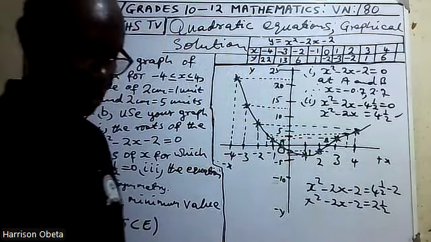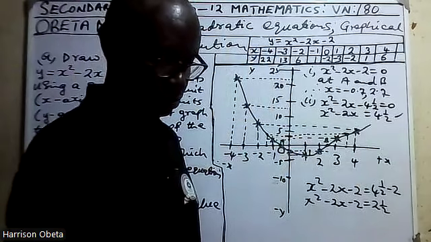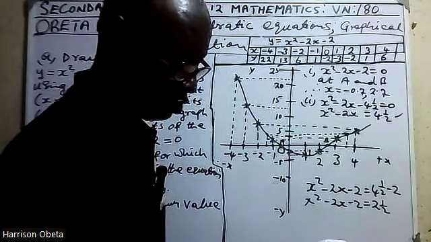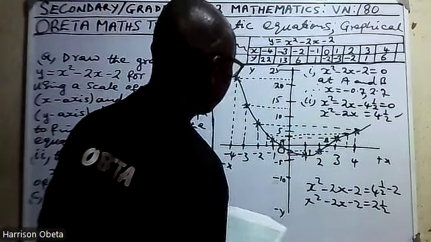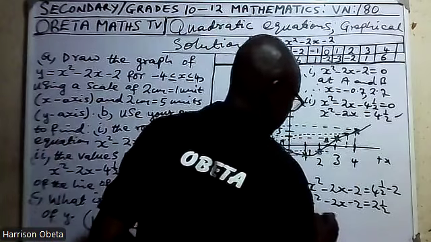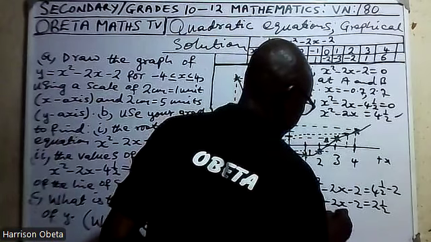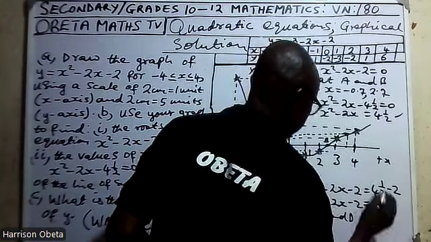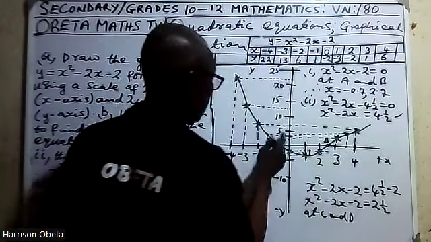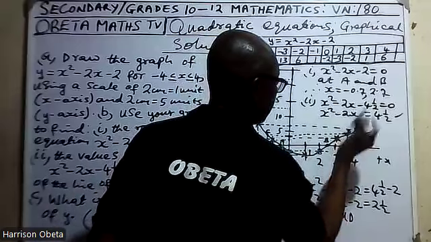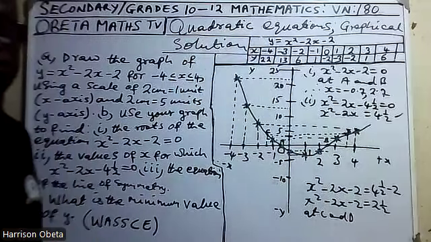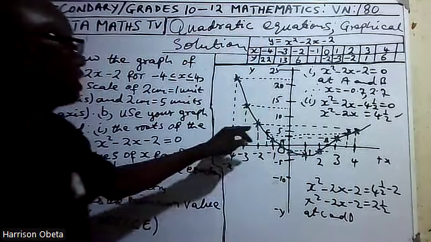So from my own graph, this is equal to 2.5 at C and D. That means the first place you have your C, the second one is D. Then you read your answers from there.